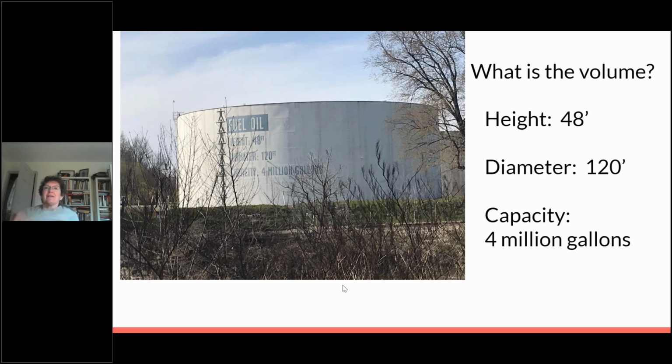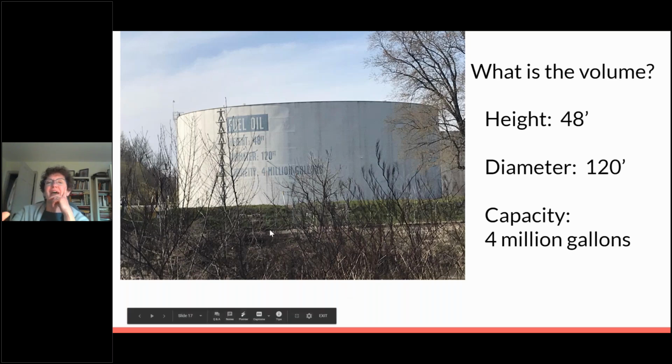And I said, oh my gosh, I'm talking about volume. This is perfect. So look what it says on the side. I don't know if you can see that very well, but it says the height of this tank is 48 feet and the diameter is 120 feet.